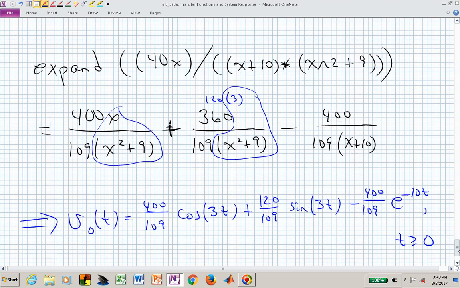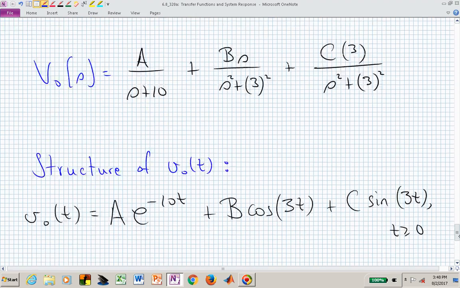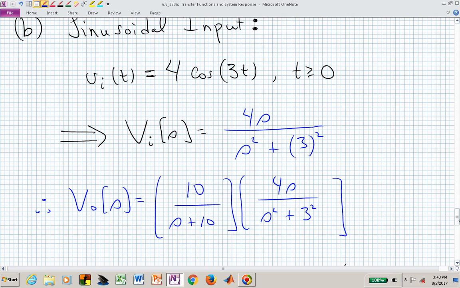If you didn't want to get this exact answer, and you simply looked at this capital V sub 0 of s, what could you say about its limiting values? What's it going to start at as a waveform at time 0 plus, and where is it going to end up as we march off to infinity in time?